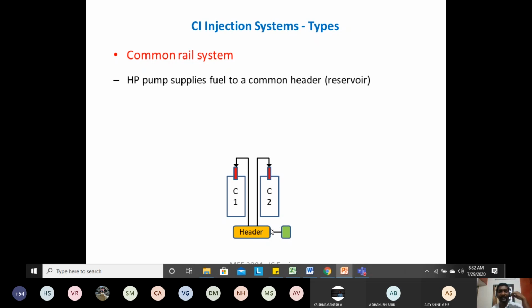A common pipeline will be there, and in this common pipeline the fuel will always be at a higher pressure, right? Depending upon the timing of the injector, the fuel is going to enter the corresponding cylinder. The high pressure in the header is going to force the fuel to pass through the fuel injector, or the fuel nozzle.